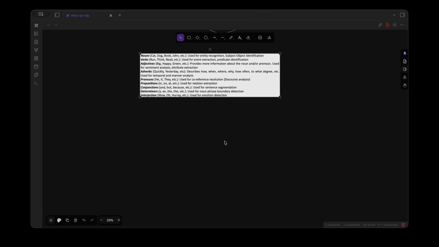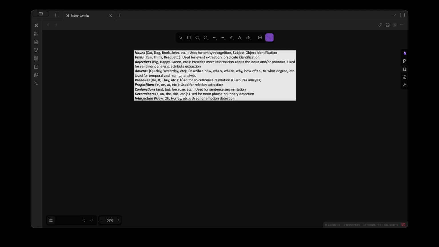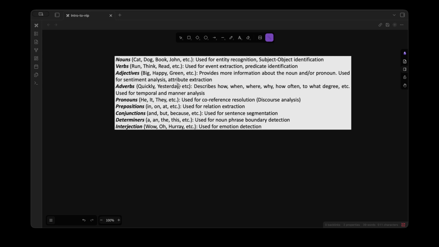After learning about ambiguity, we have to understand what parts of speech there are. We already know about them because we already study English, but these are the things we have to understand. Firstly, nouns. Nouns are used as an entity.